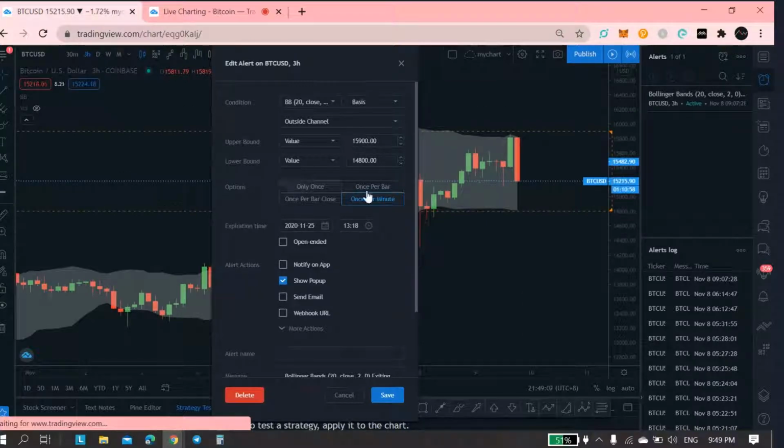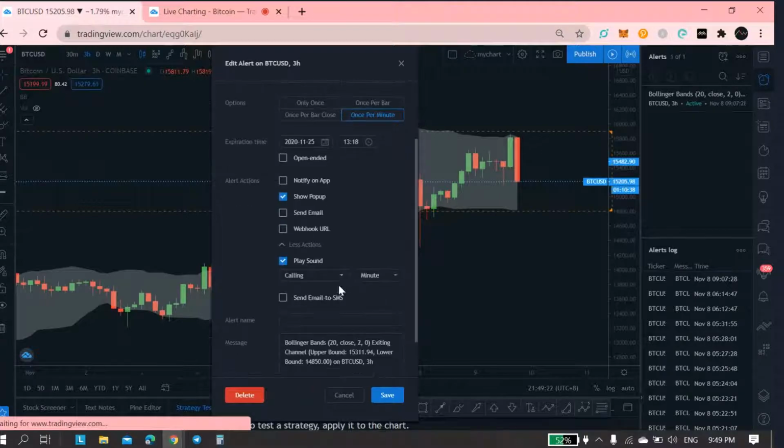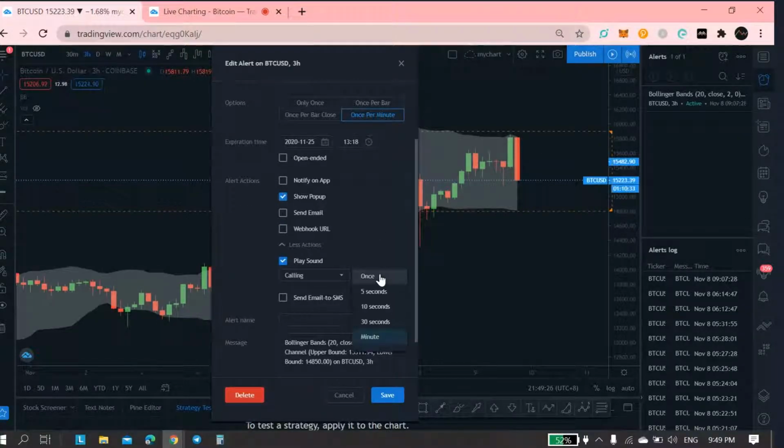And then just choose the options. I choose the one once per minute, but you can also choose the other options. You can also set an expiration date and time, and just choose the alert action. For me, I choose play sound, which is 1 minute, so that when I'm sleeping, I can actually use that. I mean, it will alarm for a minute.